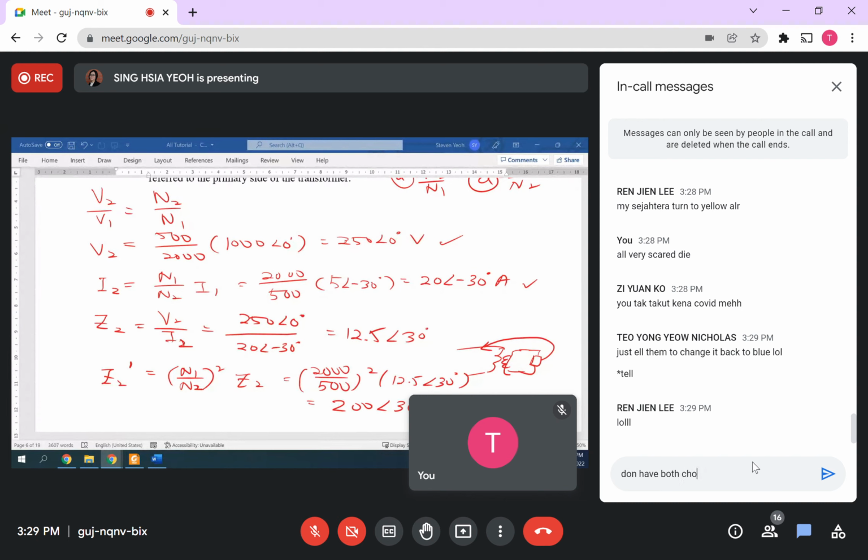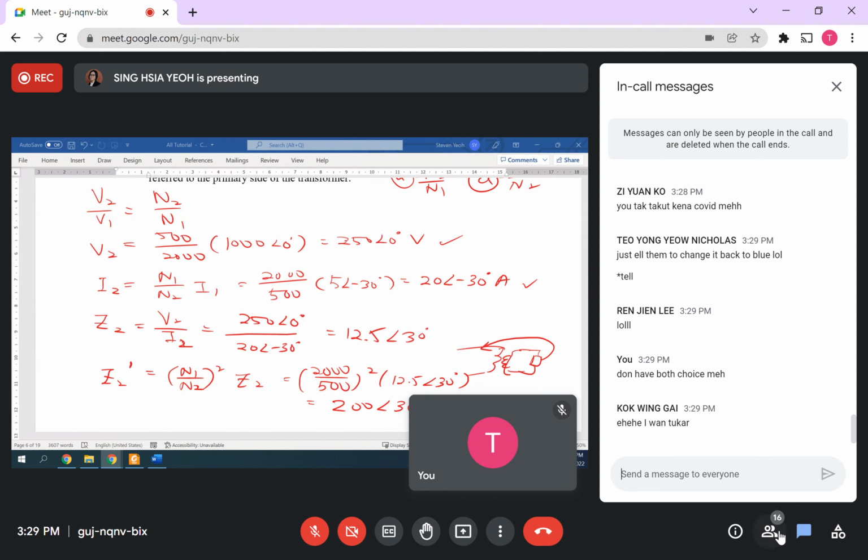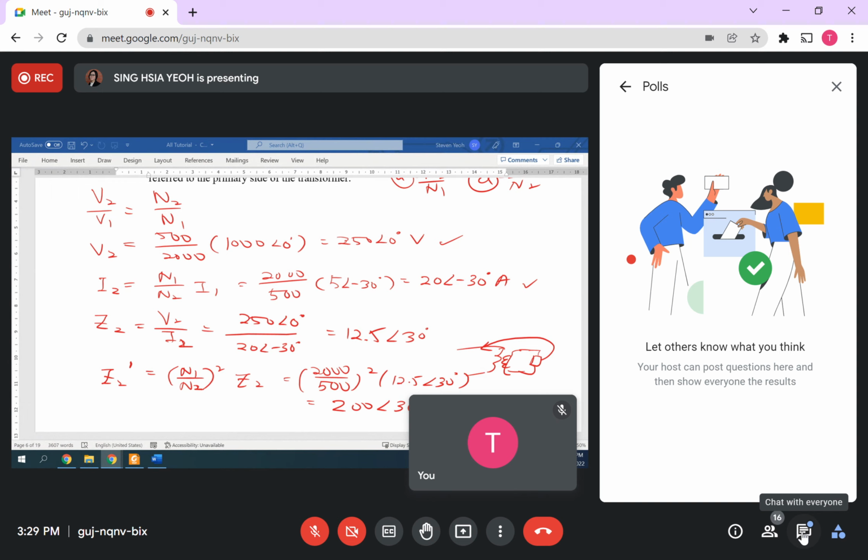Three hardware, two software, and three students for hardware. Wait, one minute, I end it first. So again, the options are hardware, software, and both.